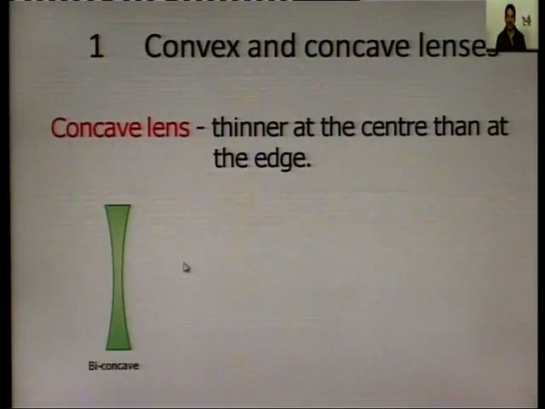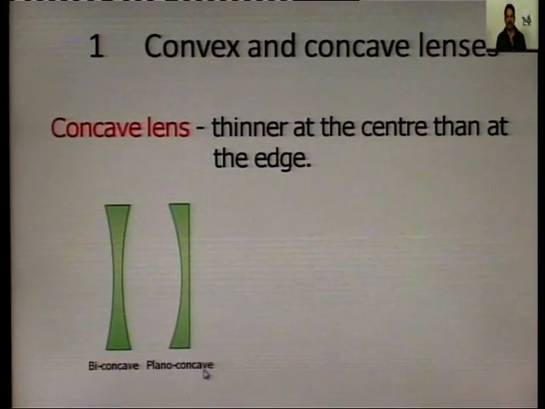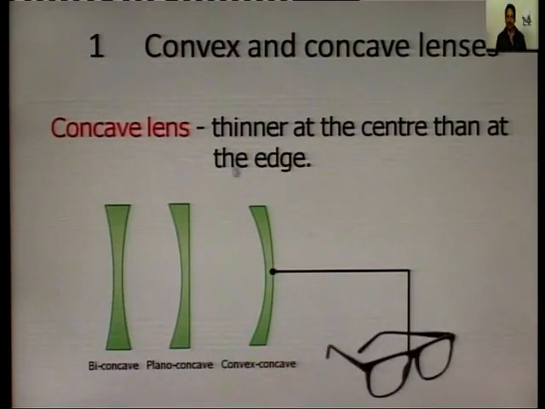So, this lens is called a biconcave lens or double concave lens. Then this lens has one surface plane and the other spherical, so it is called a plano-concave lens. Convex concave lens: it has one surface concave and the other convex, and you must have seen this lens in eyeglasses.